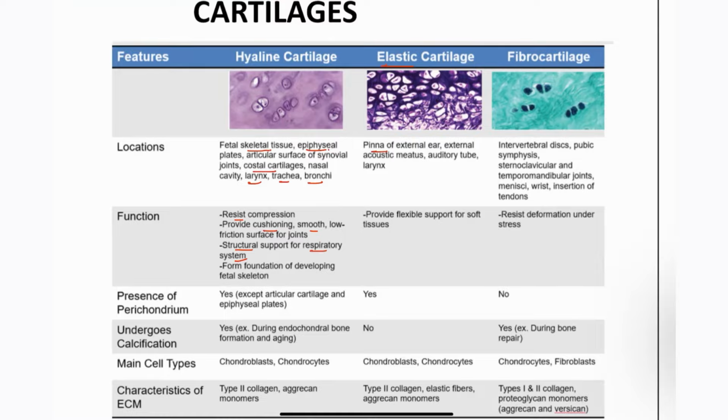Next, it is present in the external acoustic meatus, auditory tube and larynx. It provides flexible support to the surrounding soft tissues. Next, fibrocartilage. Mostly this is present in the intervertebral disc, symphysis pubis, sternoclavicular joint, temporomandibular joint, meniscus, wrist, and insertion of tendons. This resists deformation under stress. Okay, at least these important points you have to remember.